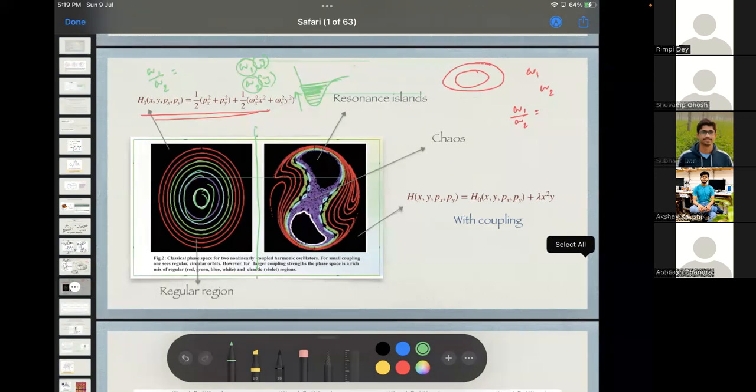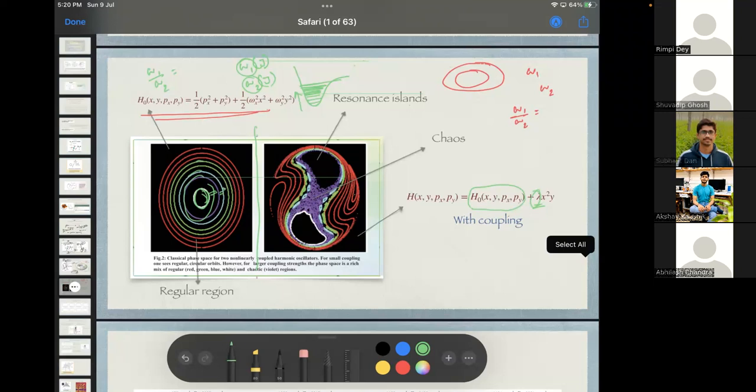Okay. Now for a coupled oscillator, if you couple these two oscillators with, let's say, a lambda x squared y term, where lambda is the coupling strength, and if you increase the coupling, then sometimes these closed curves, which we call invariant curves, will start to overlap with each other. These resonance orbits will start to overlap with each other.